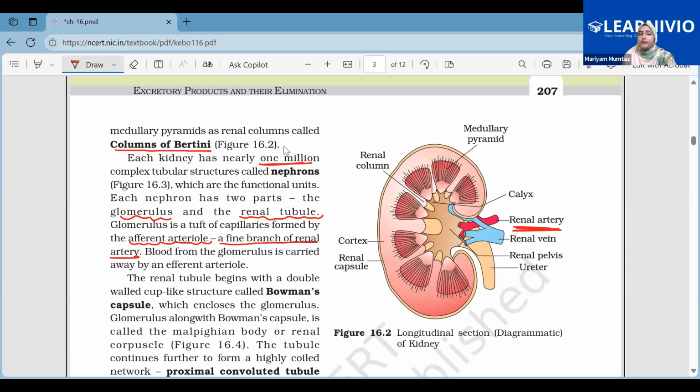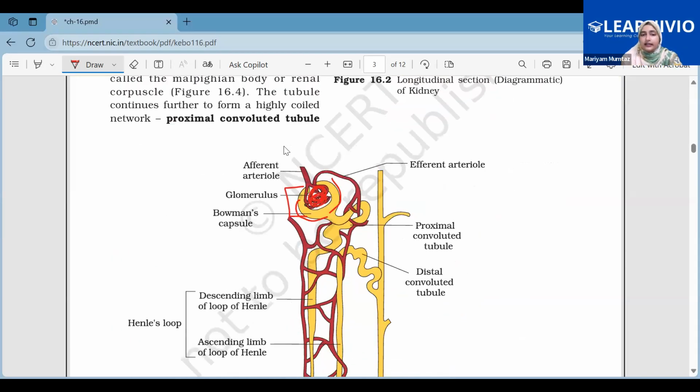Now, how would you remember which part is bringing blood to the glomerulus and which part is taking the blood away? Remember that blood comes into the glomerulus by the afferent arteriole and it leaves the glomerulus by the efferent arteriole.